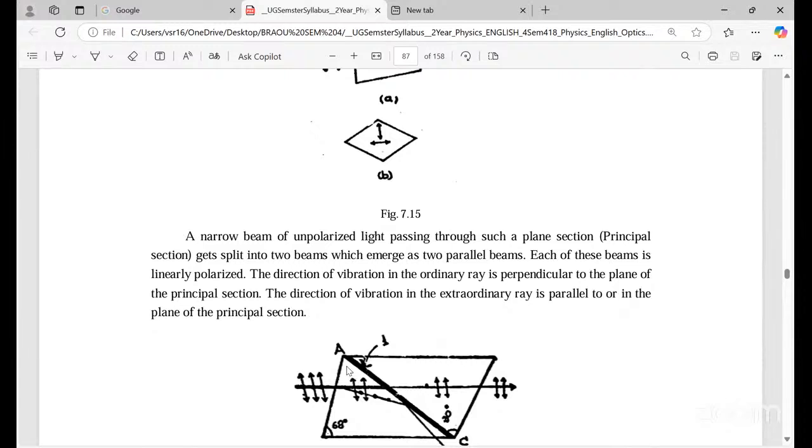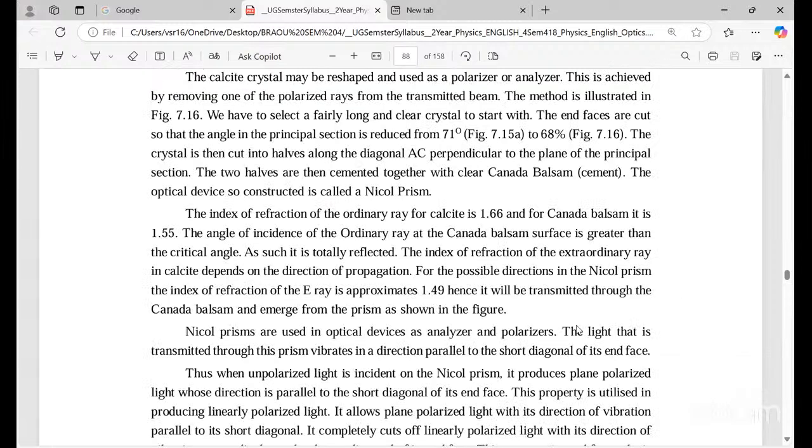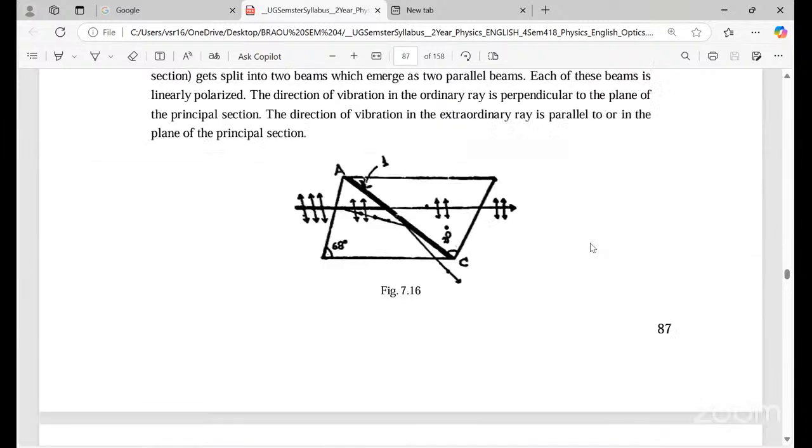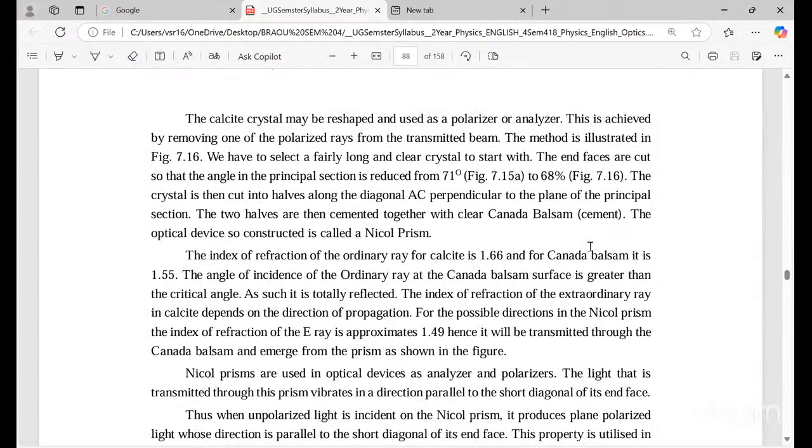This is the principal axis diagonal. The two halves are then cemented together with clear Canada balsam, that is the cement. The optical device constructed this way is called a Nichols prism.